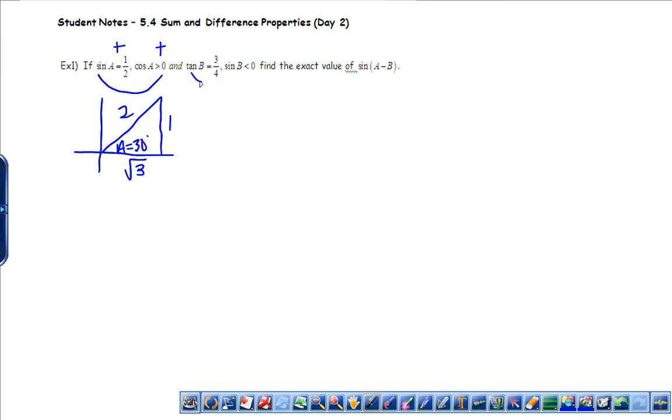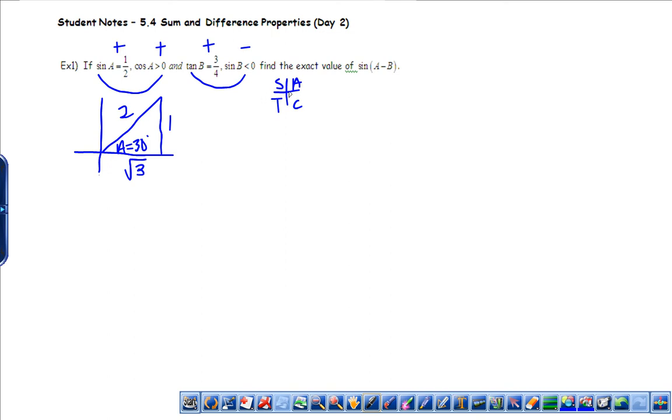Okay, for angle B, tangent is 3/4, so that looks like this is positive, and sine is going to be negative. So where is this going to fall? If tangent is positive, let's look at this. All Students Take Calculus.